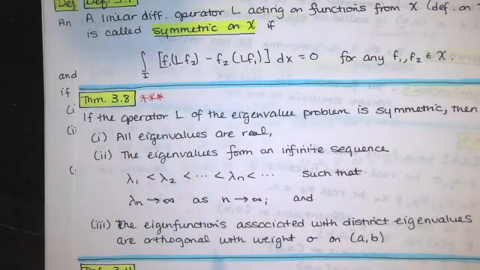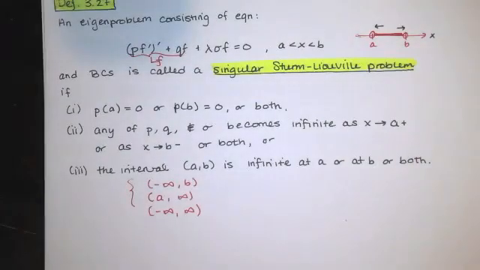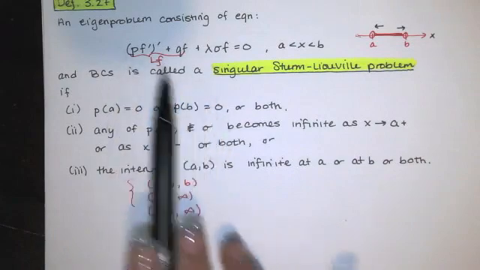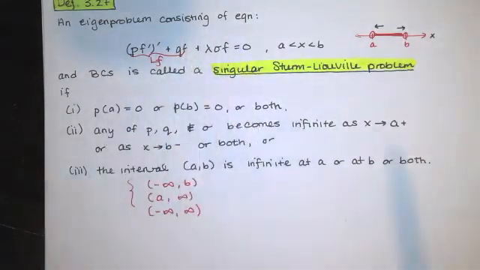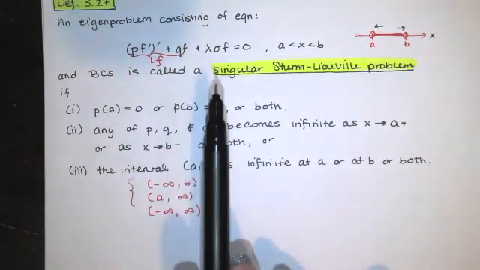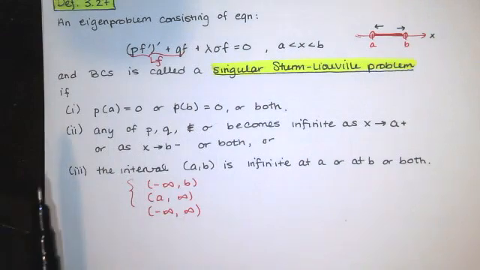So we want that operator to be symmetric on the space of functions that might satisfy this differential equation. So they have to be twice continuously differentiable functions. And they also need to be a space of functions that satisfy the boundary conditions.